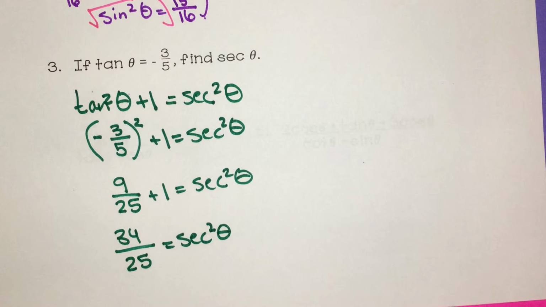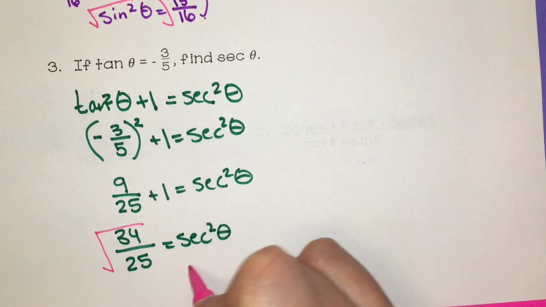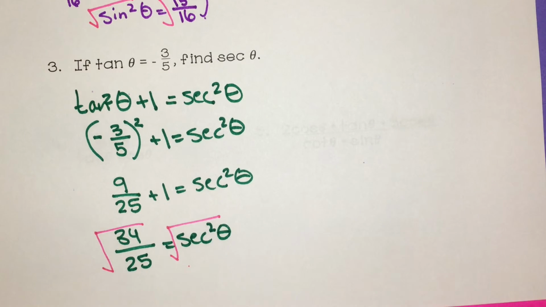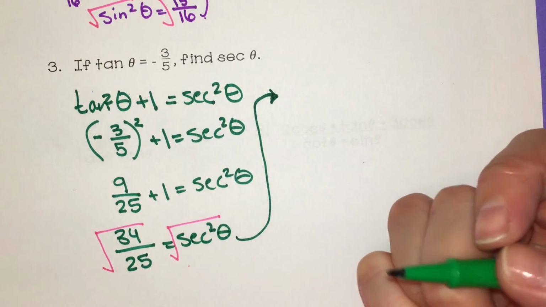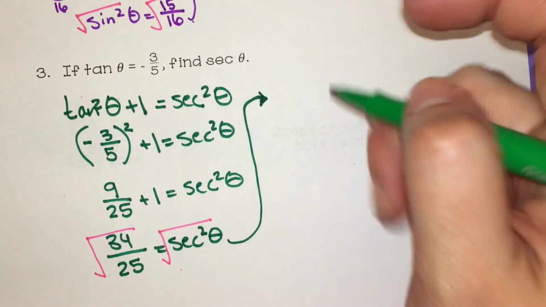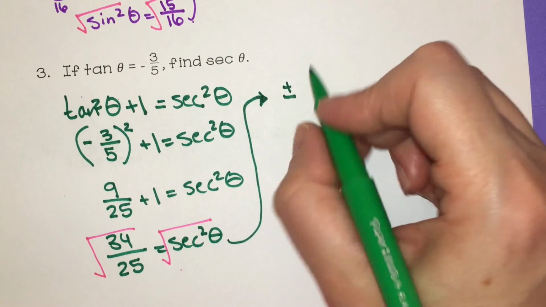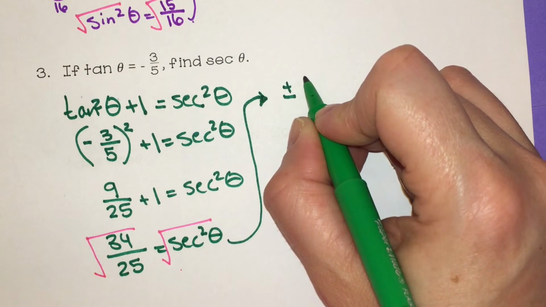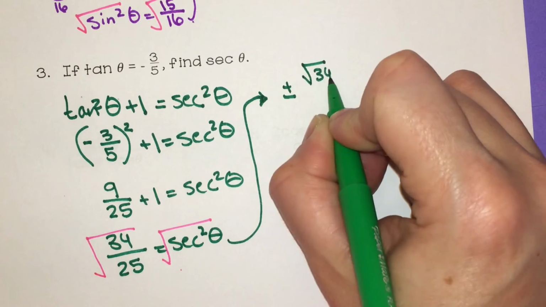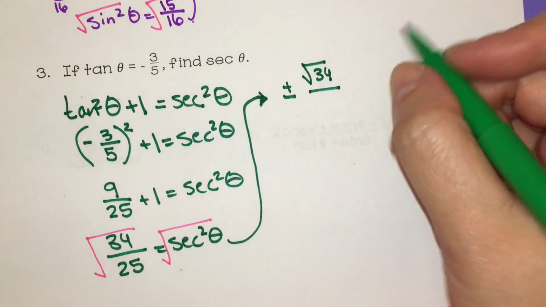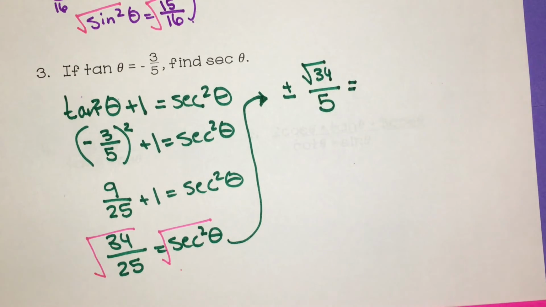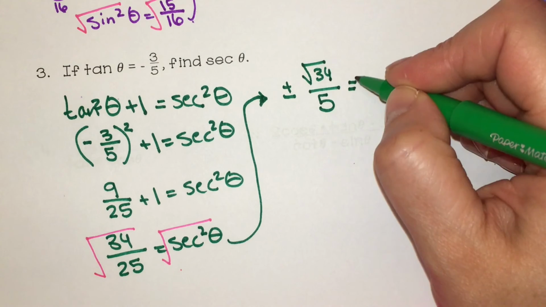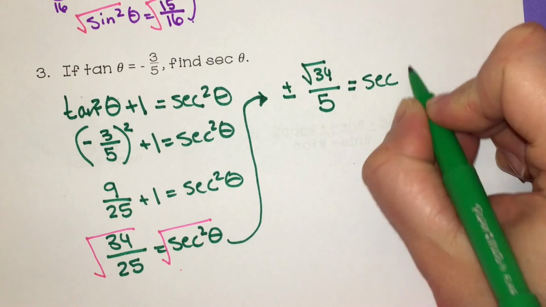All right, so at this point, I want to take the square root of both sides. I'm going to move my problem up. Okay, so we have positive or negative square root of 34 over 5 is equal to secant theta.